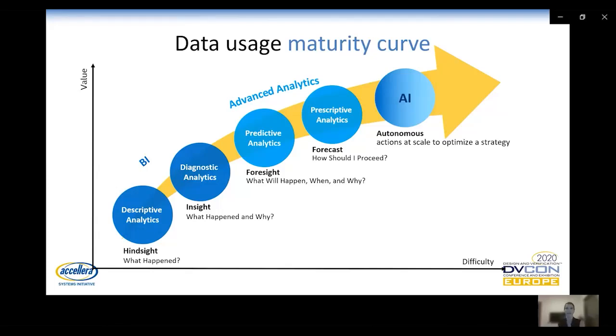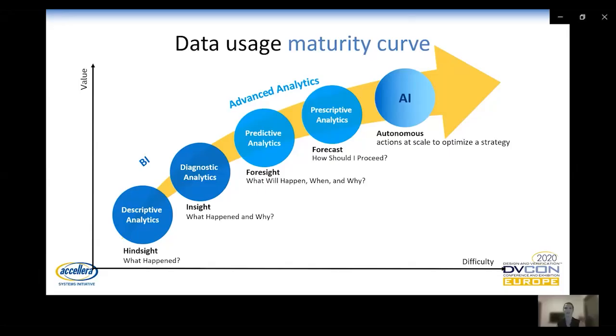When starting, a lot of organizations begin to collect the data and then perform what we call descriptive or diagnostic analytics, which is mainly looking at historical data and trying to understand what has happened and why certain things happened.